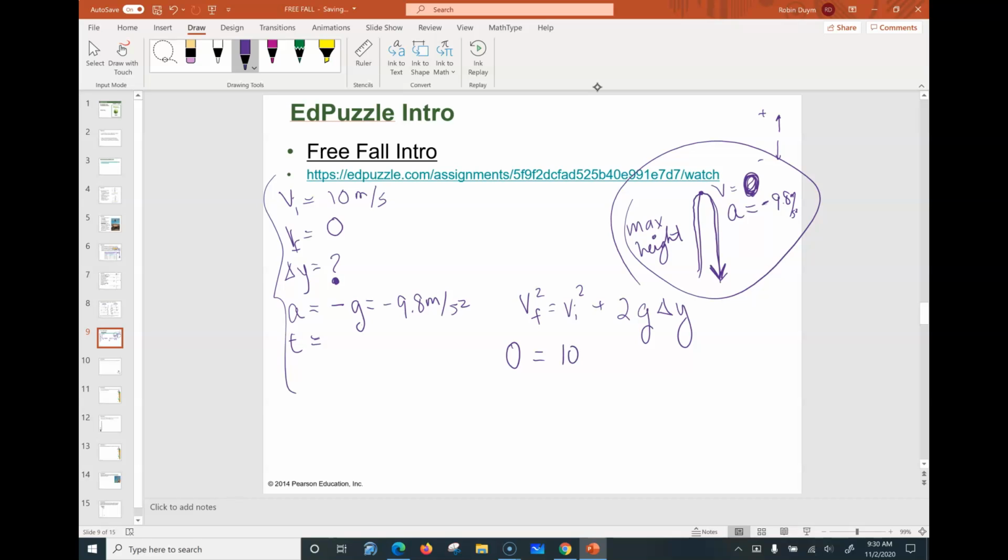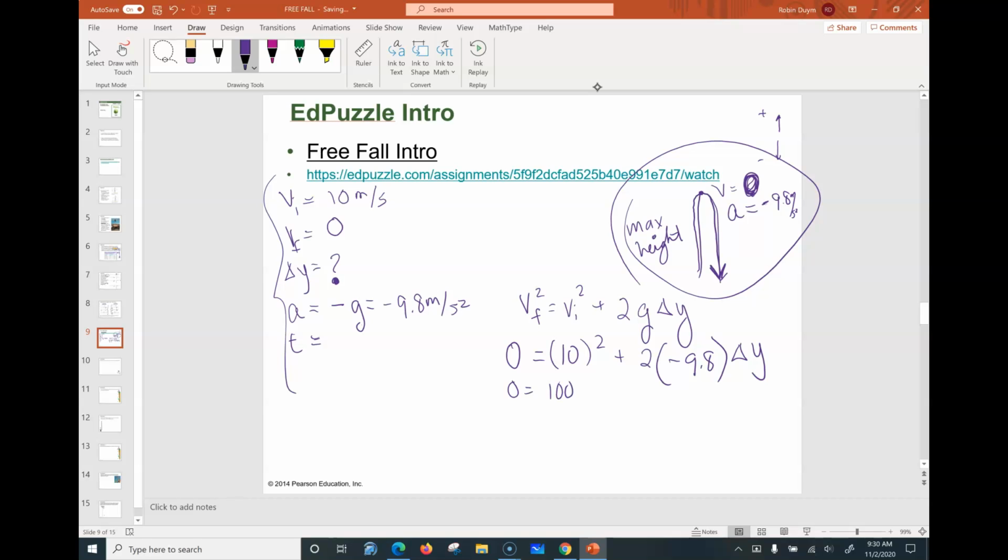Your initial is 10 squared plus 2 times negative 9.8. Don't forget the negative. And we're solving for the displacement in the y direction. All right, so at this point you're just at algebra.